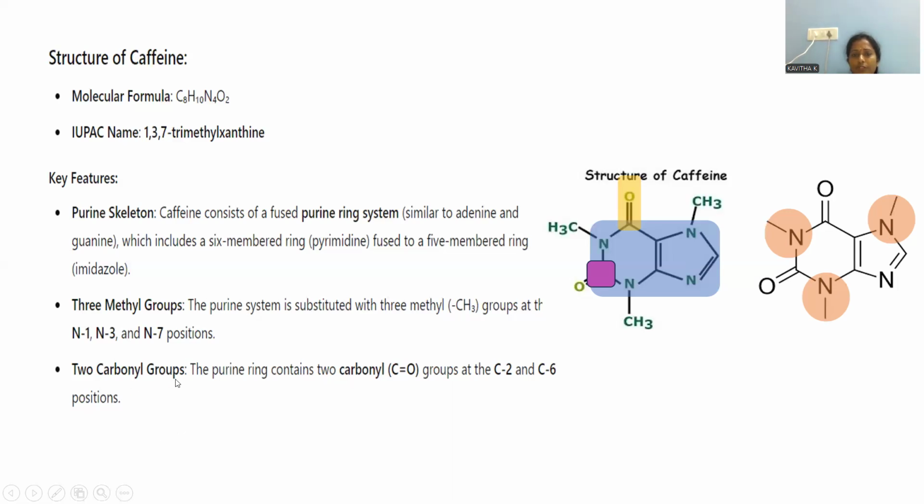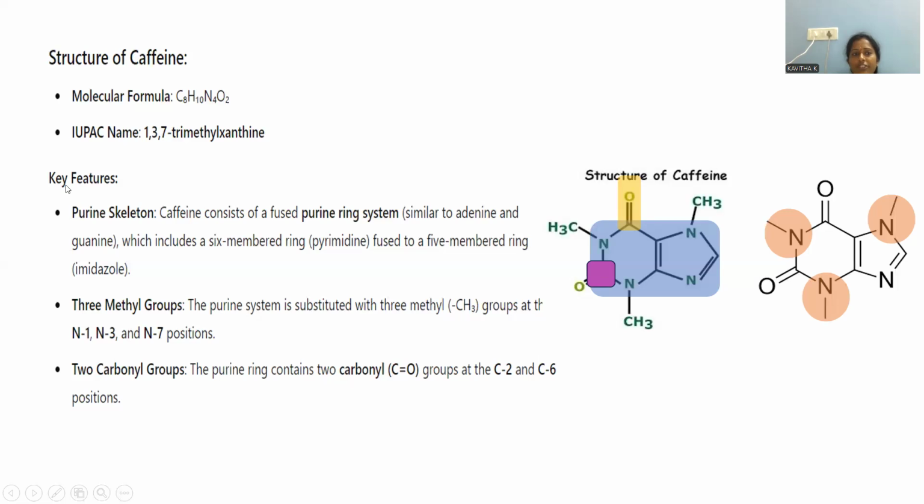There are also 2 carbonyl groups located on this skeleton. These carbonyl groups impart an amide structure to this molecule. Here is a double bond to O, and here another double bond to O is located. The positions of the double bonds are C2 and C6.